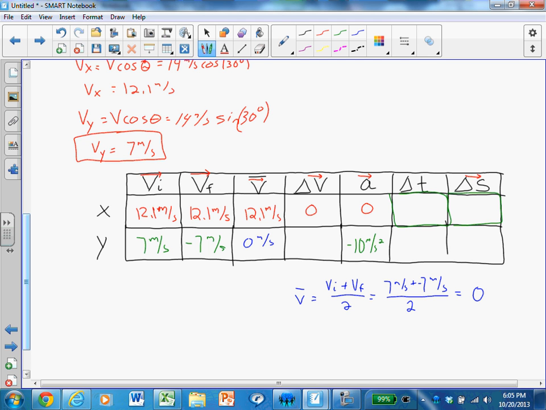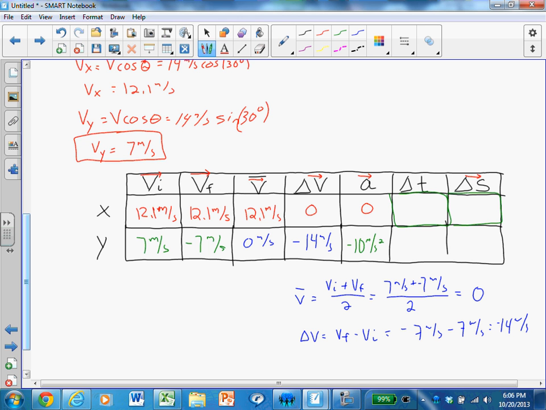Now, our change in v is vf minus vi, and that will be minus 7 meters per second minus 7 meters per second, which is minus 14 meters per second. That makes sense if we think of it as starting at plus 7 meters per second and ending at minus 7 meters per second.